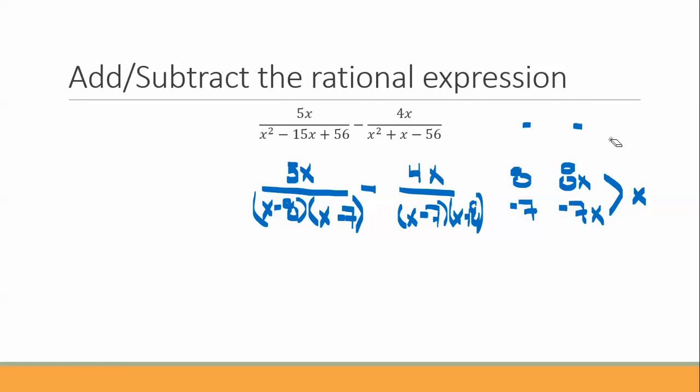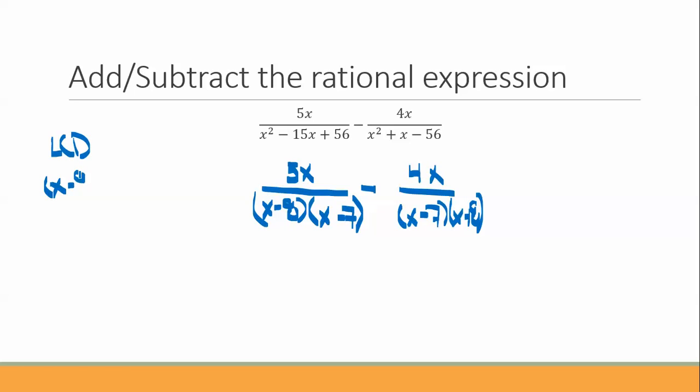Our other denominator is x minus 7, x plus 8. So our least common denominator is going to be x minus 8, x minus 7, x plus 8.